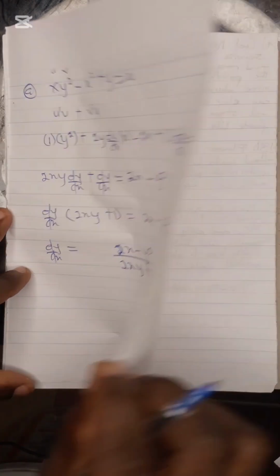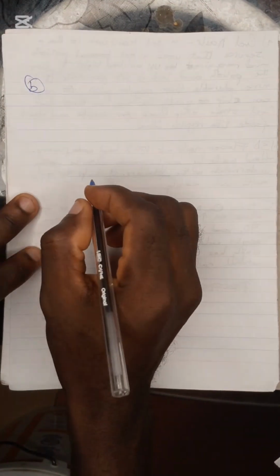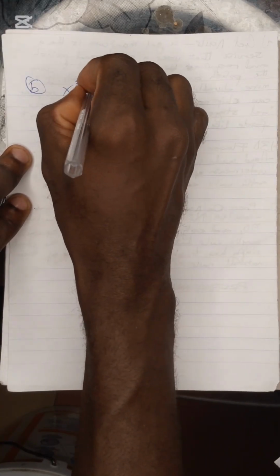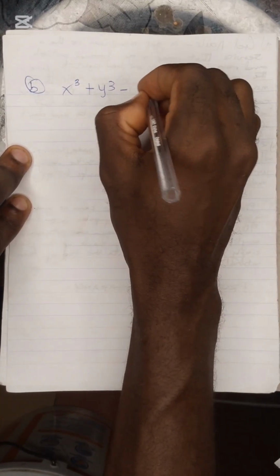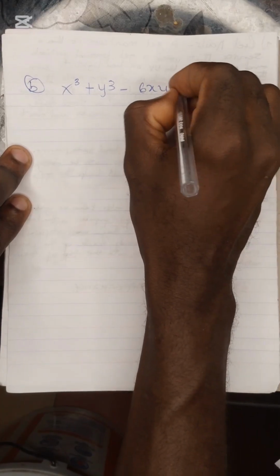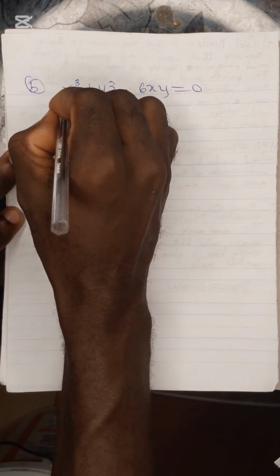So we are going to talk about the last one, which is B, to end implicit differentiation. So we have x cubed plus y cubed minus 6xy is equal to 0. Now we differentiate this one.